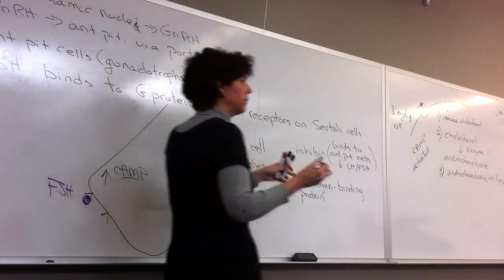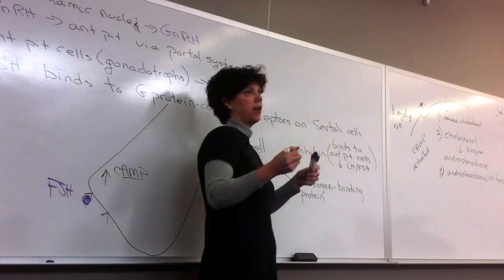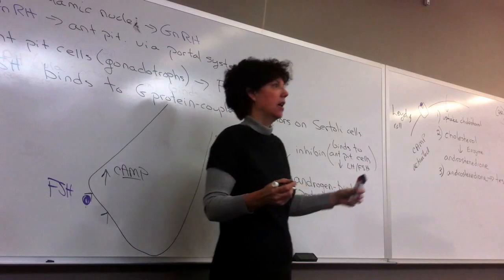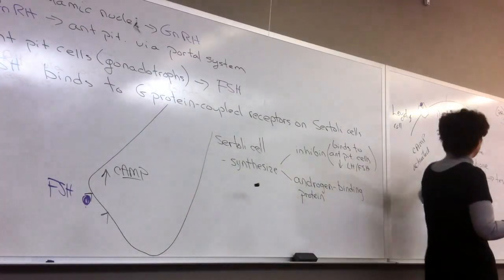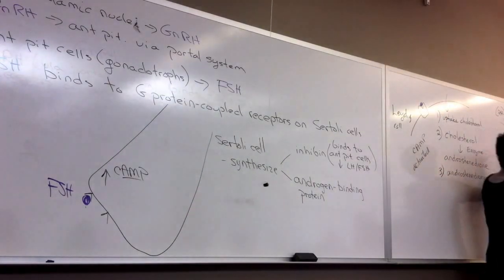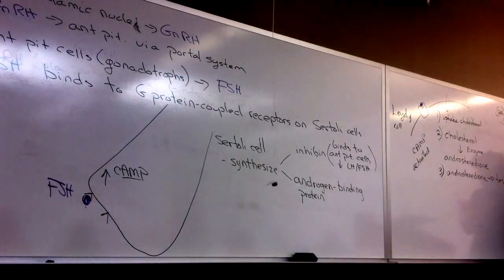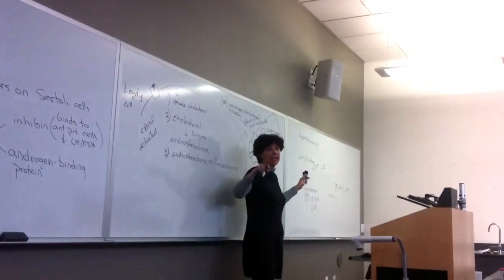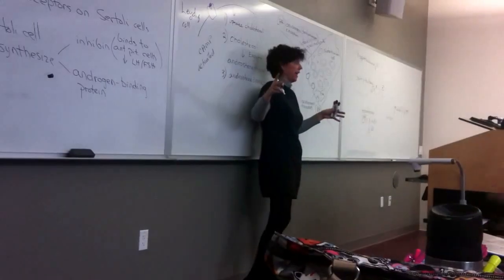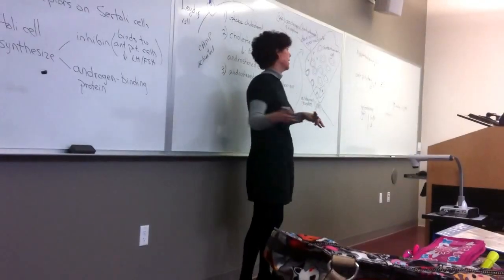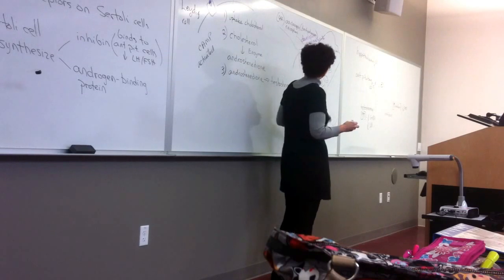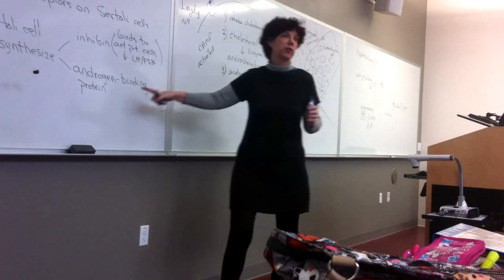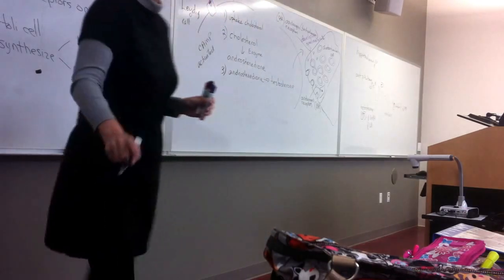So androgen binding protein binds testosterone, and it keeps 90% of the testosterone made by the Leydig cells in the sustentacular cells. So 10%, the rest, is circulating throughout the body and having systemic effects. But 90% of the testosterone is maintained within the sustentacular cell by binding onto androgen binding protein.